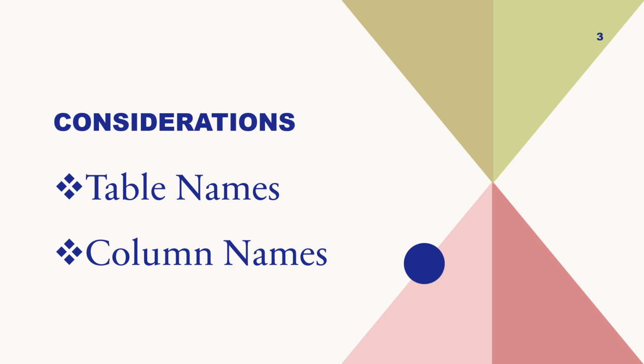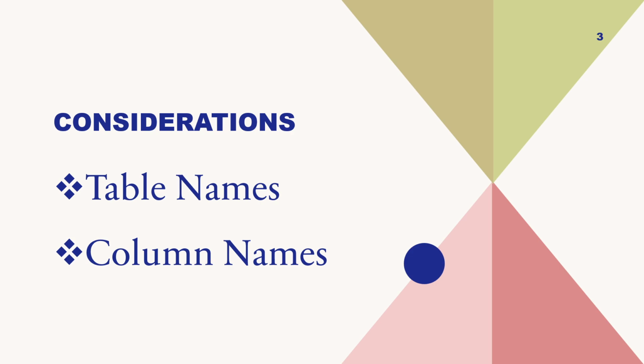And also you must be able to know the column names. Earlier I said a table is a collection of rows and columns, so you must know the columns. Assuming you want the first name, last name of employees, or the job titles of employees, those are the columns.